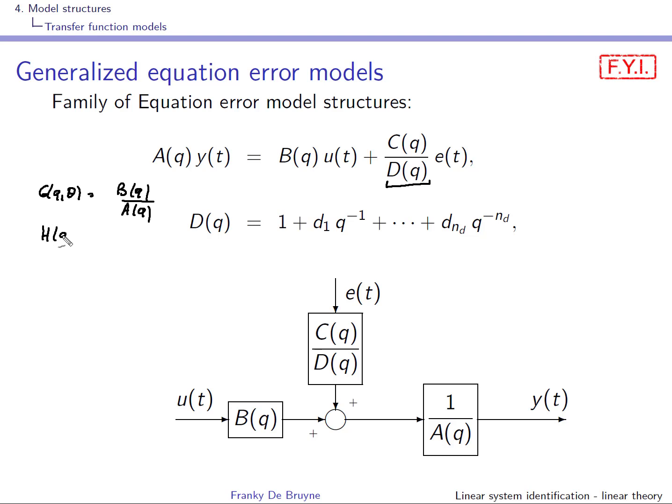And H(q,theta) is C(q) over A(q) D(q). So you see that you have some additional degree of freedom, and you have the possibility to make the denominator polynomial of the noise model different than the denominator polynomial from the input-output transfer function.